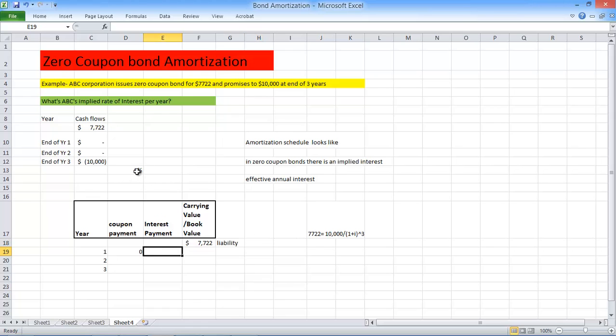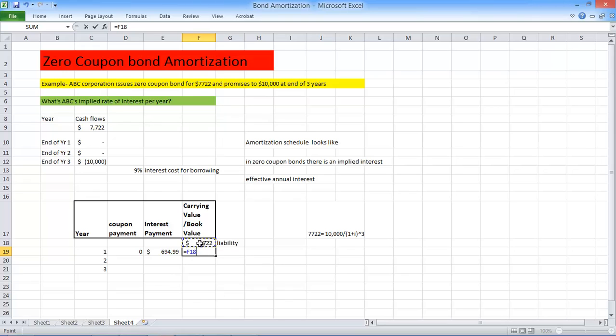The interest is the interest cost of 9%, the cost of borrowing. This equals our carrying value times the 9% interest. So 694 is the cost in year one, and this is what you owe them.